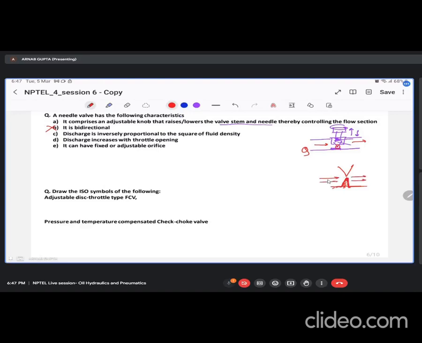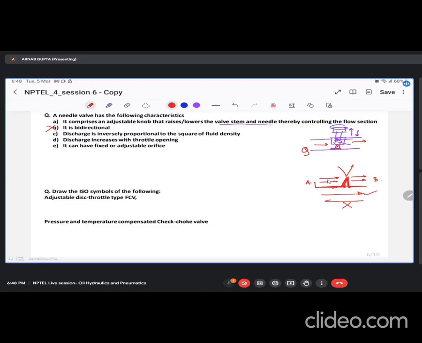It gives a particular direction of flow. If this knife is edged like this, then the flow has to be from A to B. That's why for any needle valve, this particular direction is mentioned, the preferable flow direction. So it is not bidirectional. You can't use it for this particular direction. Only one direction can be used.